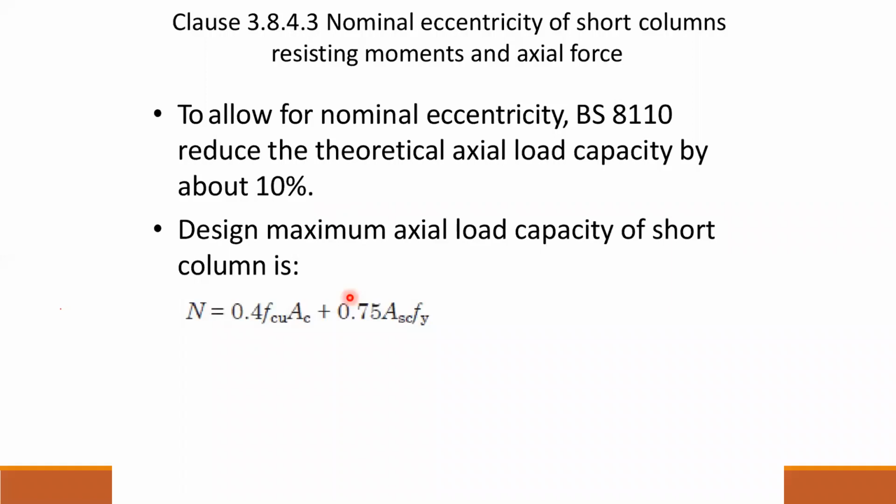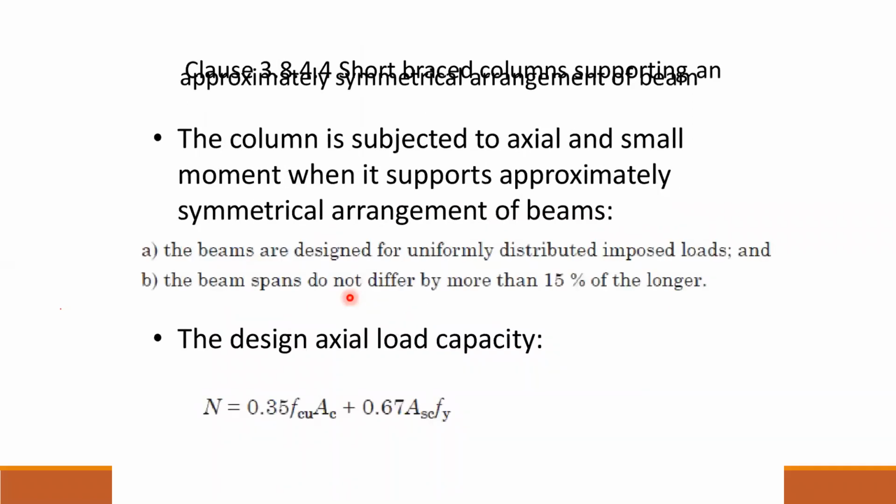Okay. So this is what we discussed up to now, the short columns. Then the cross-section of short braced columns supporting an approximately symmetric arrangement of beams. The column is subjected to axial load and small moment when it supports an approximately symmetrical arrangement of beams. This is the B type one. The beams are designed for uniformly distributed imposed load, and the beam spans do not differ by more than 15% of the load.